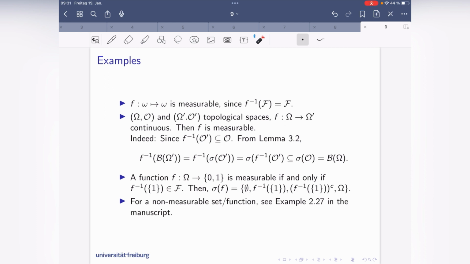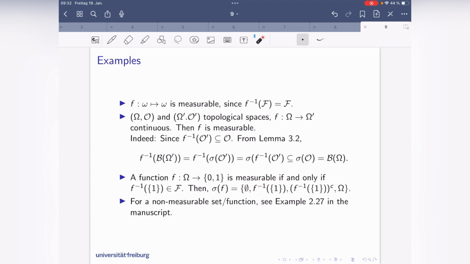Then functions which have codomain {0,1} are measurable if and only if the pre-image of the 1 is in the sigma field F. And in this case, sigma of f can be written down explicitly, because when you have a set here, there are just 4 subsets of this here. Okay, the empty set, the pre-image is the empty set. The pre-image of 1 is this here.